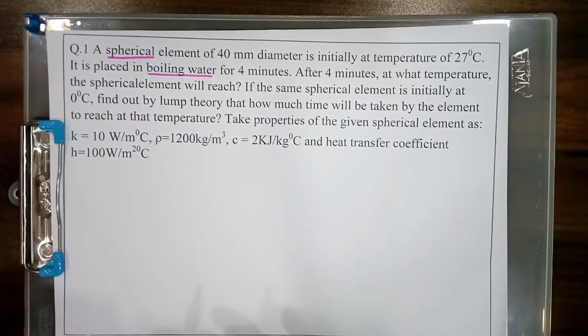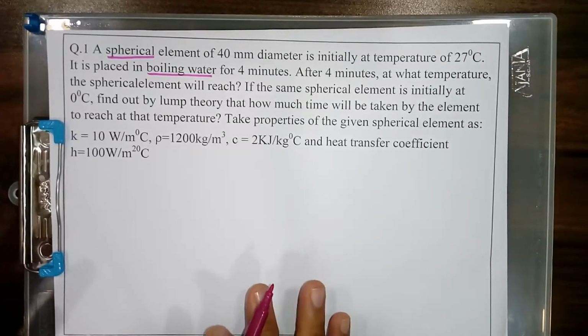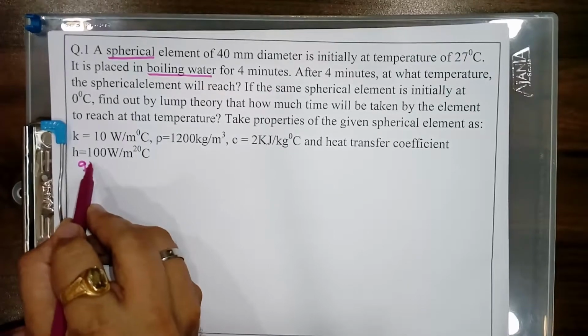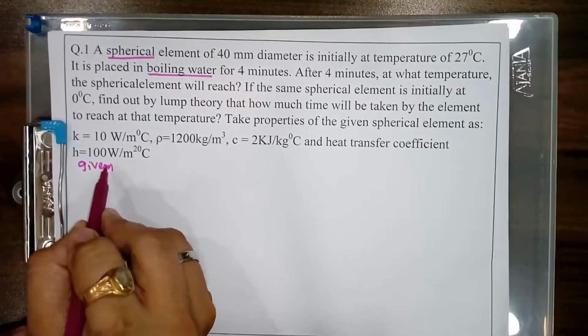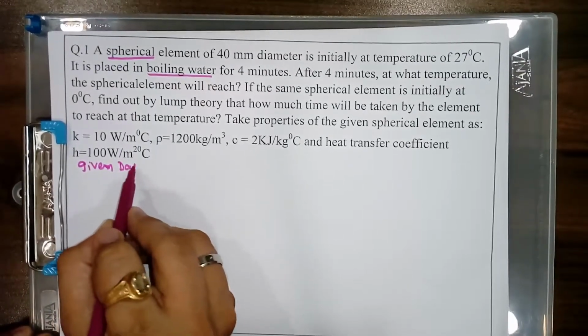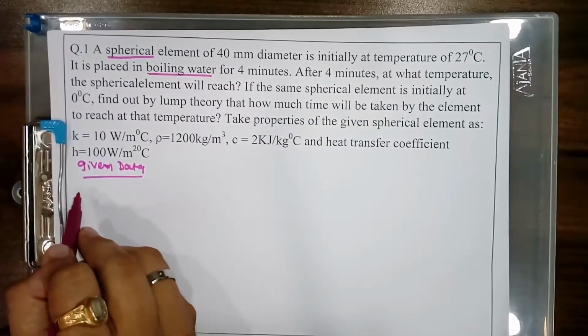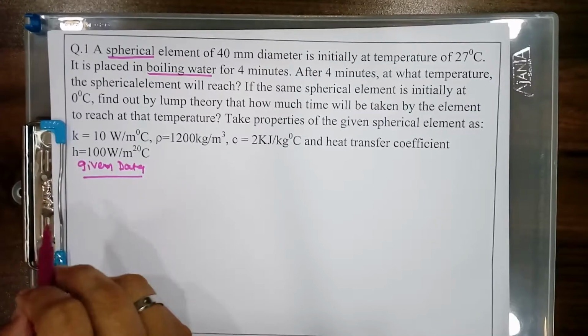But before going to analyze both the cases, we need to check whether the lump parameter analysis is applicable or not in this case. So first of all, we write down the given data. Here the geometry is given, that is spherical.